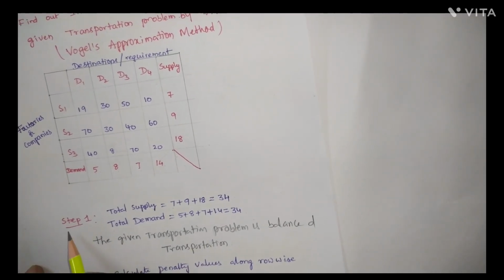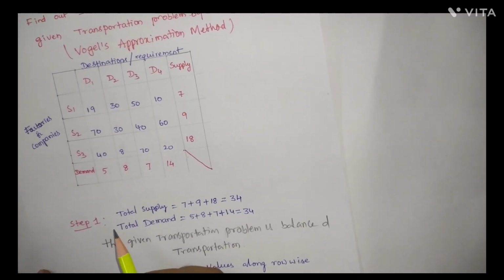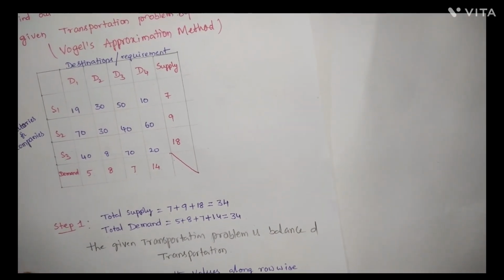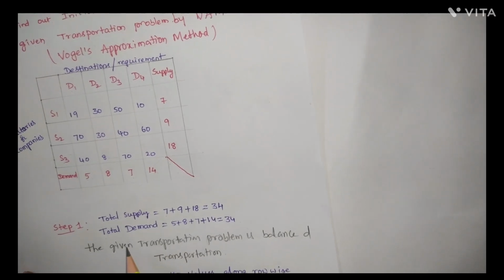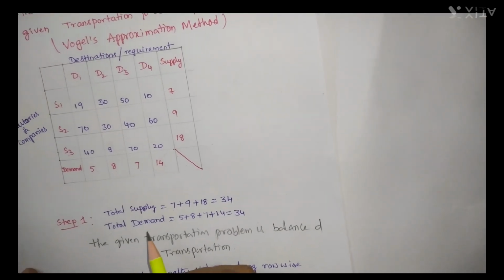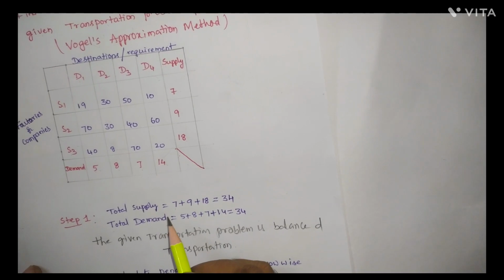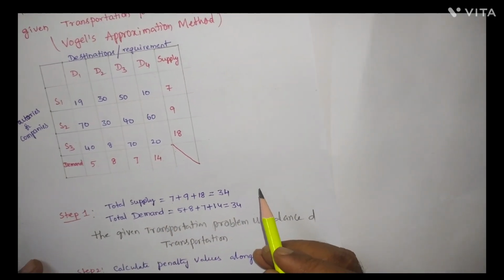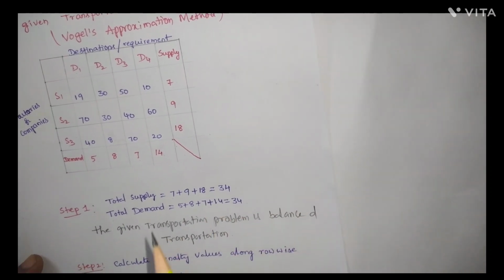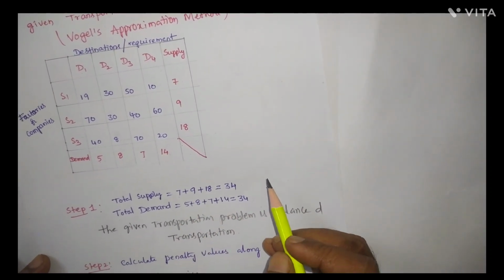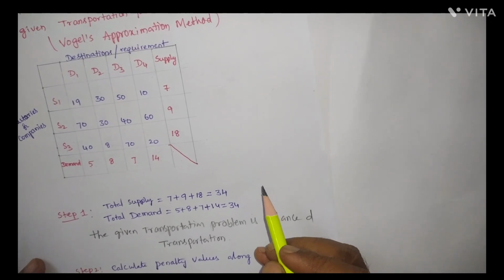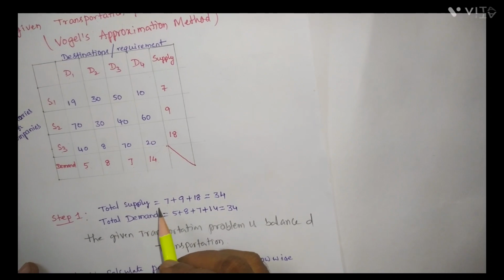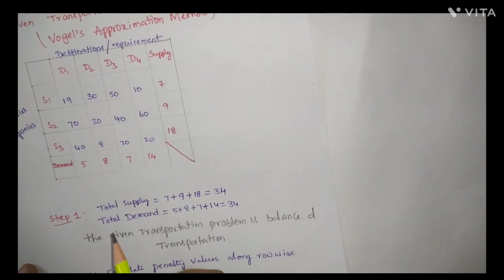Step 1. Before starting the solution, we have to identify whether the problem is a balanced or an unbalanced transportation problem. For that, we calculate total supply and total demand.